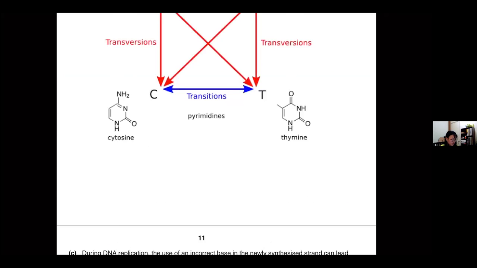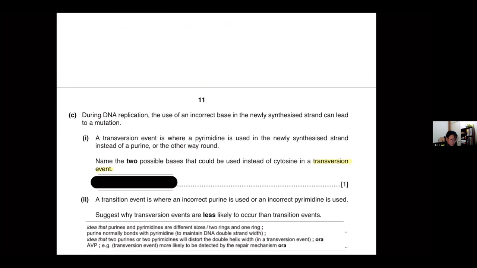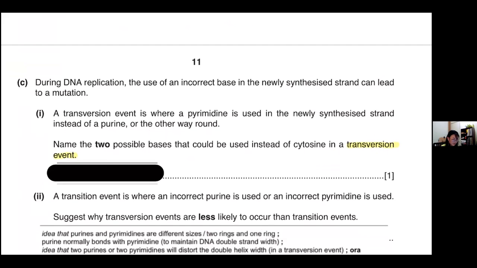Just now I mentioned that a transversion event is the interchange of purine and pyrimidine base. So you can try this question. Instead of cytosine. A transversion event is the interchange of purine and pyrimidine.